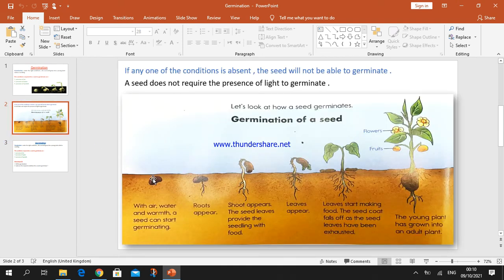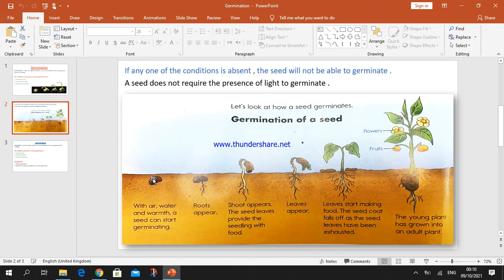Also, look at the seed. Okay, the typical seed is composed of 3 parts. Number 1, seed leaves. Number 2, seed coat, and between the seed leaves, the embryo, okay? The seed coat protects the young plant from injury and drying out, okay?